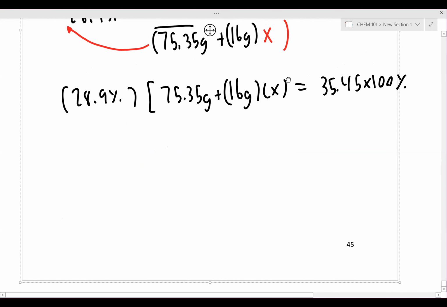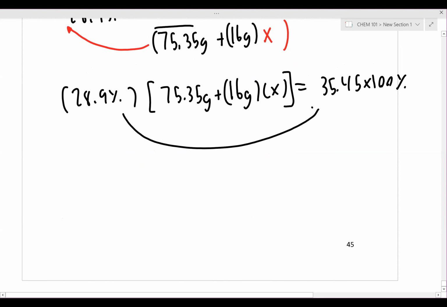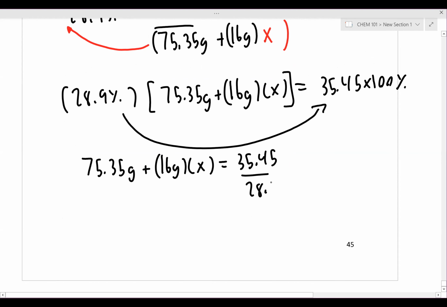Okay, we're now going to keep going with this. We're now going to isolate X. And the way that we're going to isolate X is we're going to divide by this 28.9 term. So we have 75.35 grams plus 16 grams times X is equal to 35.45 over 28.9 times 100%.